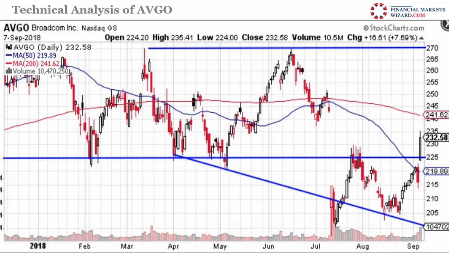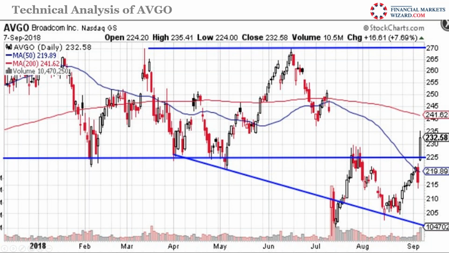This is AVGO. We have AVGO in my spread service, and the AVGO target is 240, right here. I don't have any straight positions because AVGO moved up too much on earnings, so it gapped up.